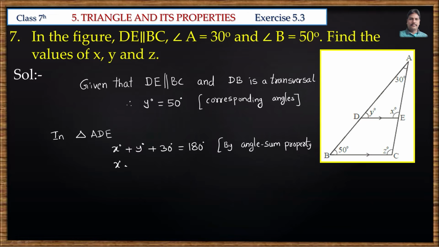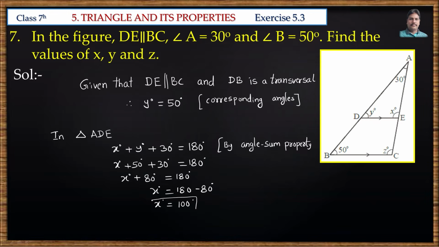So, x plus 50 degrees plus 30 degrees is equal to 180 degrees. So, x plus 50 plus 30 will become 80 is equal to 180. So, x is equal to 180 minus 80. Therefore, x is equal to 100 degrees.